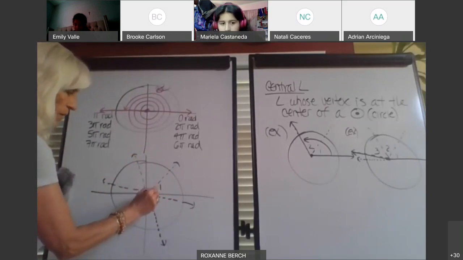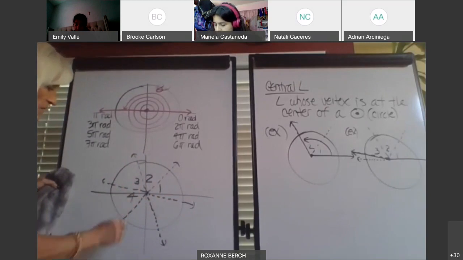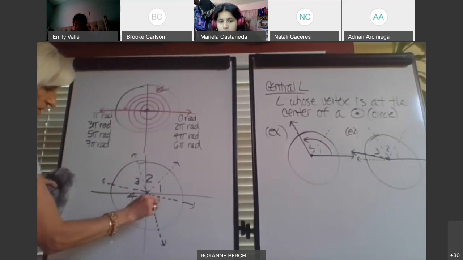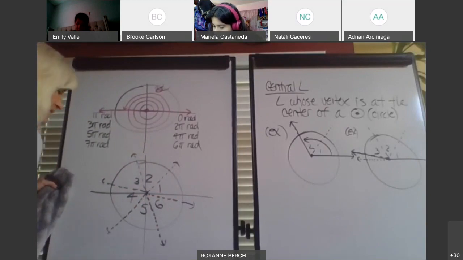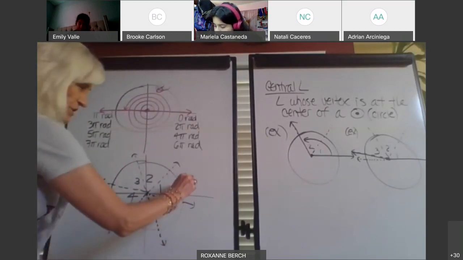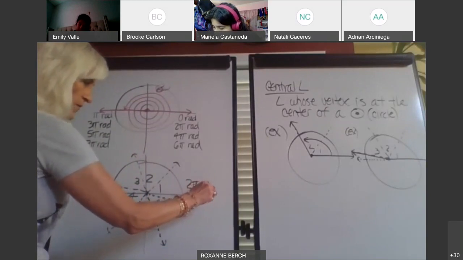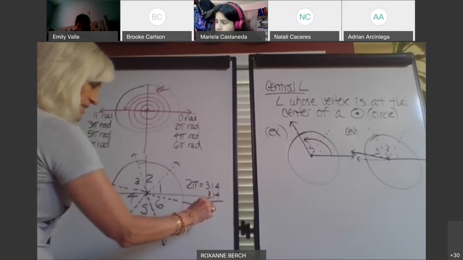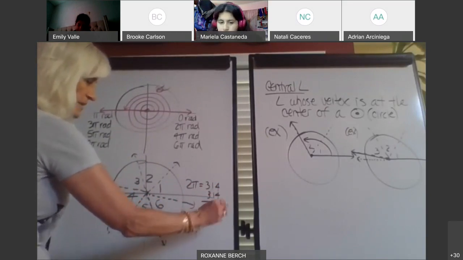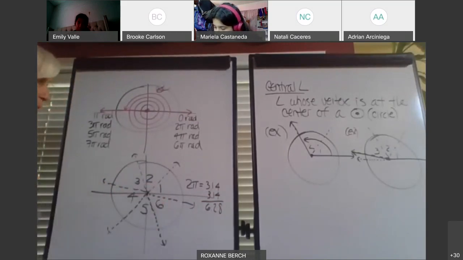So this would be 1 radian, 2, 3, 4, 5, 6 plus a little bit more, right? Because isn't 2 pi equal to 3.14 plus 3.14, which is 6.28? And isn't this showing 6 plus a little bit more?